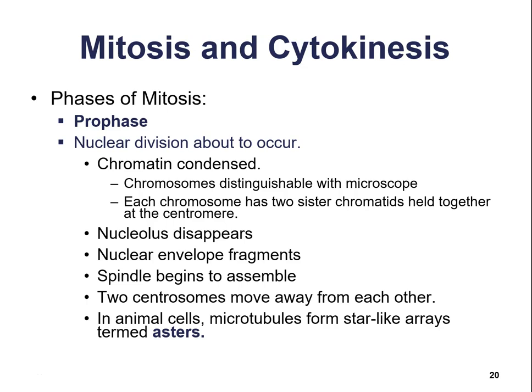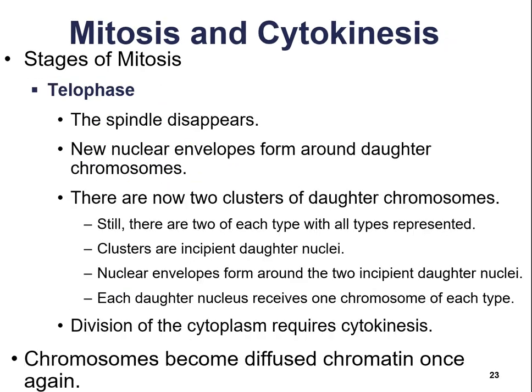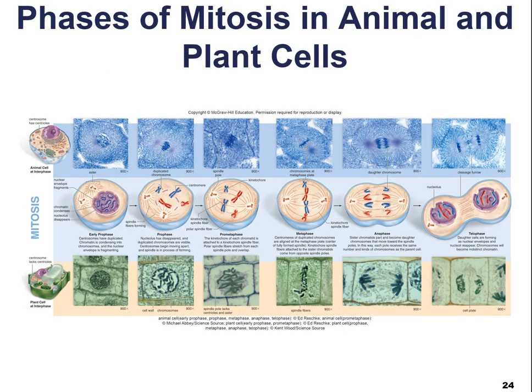Now, I will tell you that the book breaks down the phases into a few intermediate phases, right? So in the pictures, the way it has it broken down, it talks about early prophase, then later prophase, then prometaphase, then metaphase, anaphase, and telophase.